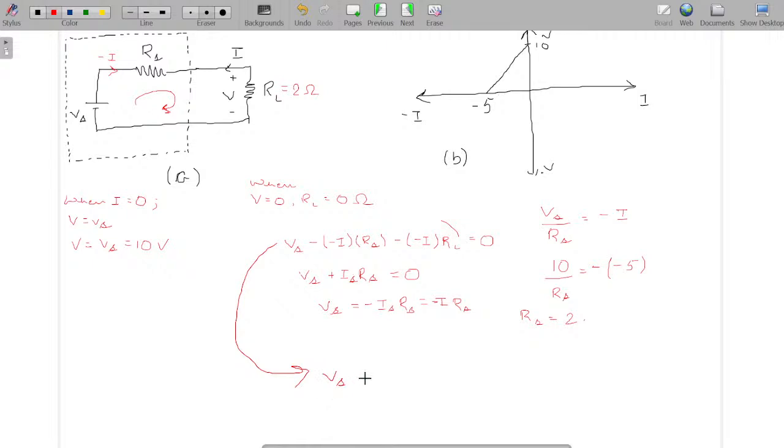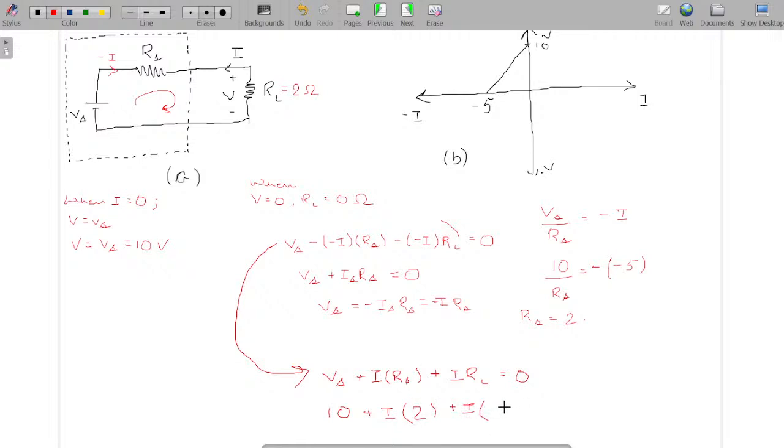I'm rewriting this equation for you so that you don't have to turn the page. Minus Vs plus I times Rs plus I times RL is equal to 0. Vs is calculated to be 10 volts, Rs is 2 ohms. Again, I is not known.